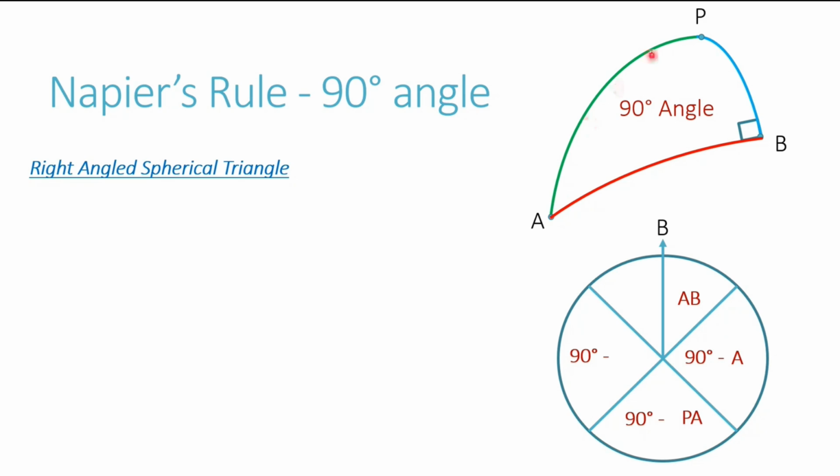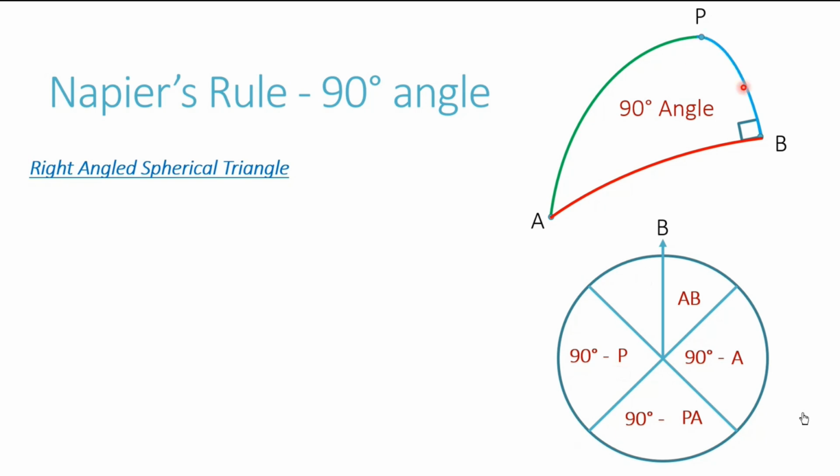Coming back to the triangle, after side PA, we have angle P in the triangle. And moving further clockwise in our cartwheel in the next part, we have 90 degrees minus already written, and we fill up this angle P after 90 minus. So this part becomes 90 degrees minus P.